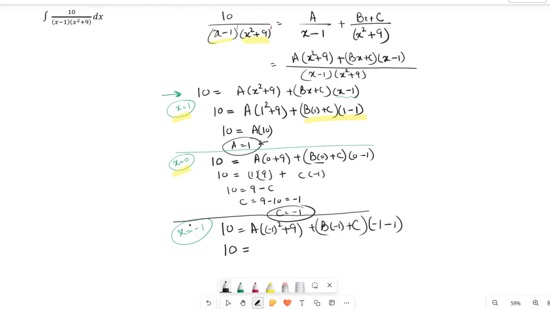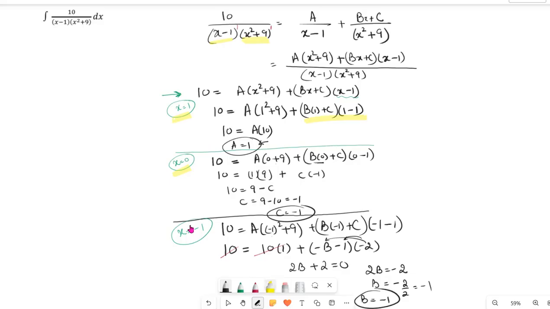Negative 1 squared is 1 plus 9, 10. So 10, a is also 1, plus negative b, c is negative 1, times negative 2. This 10 on each side will just cancel. So we have negative 2 multiplied inside. We will have 2b plus 2 equal to 0. 2b is equal to negative 2. B is equal to negative 2 by 2, which is negative 1. So we found that b is equal to negative 1.